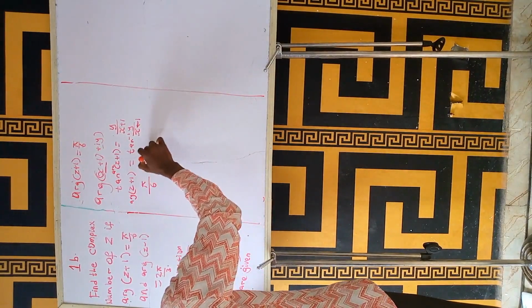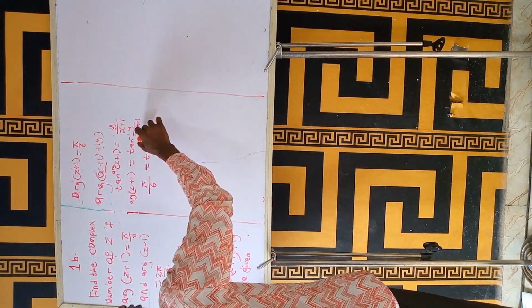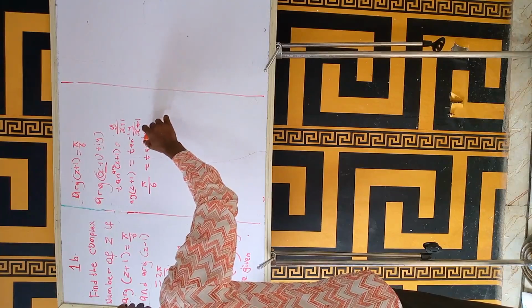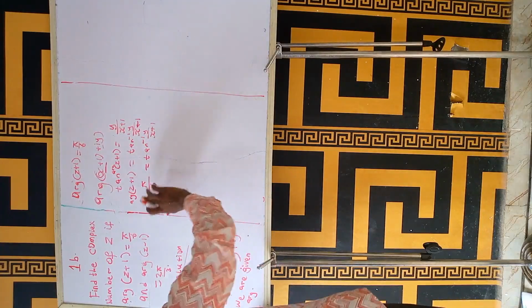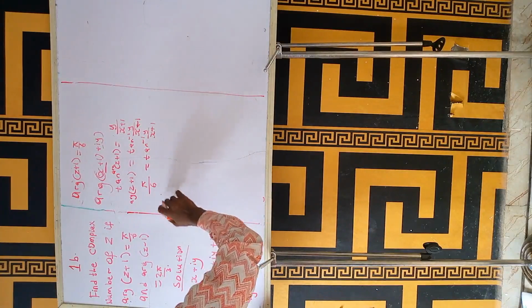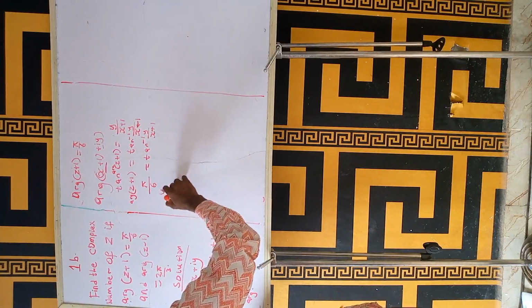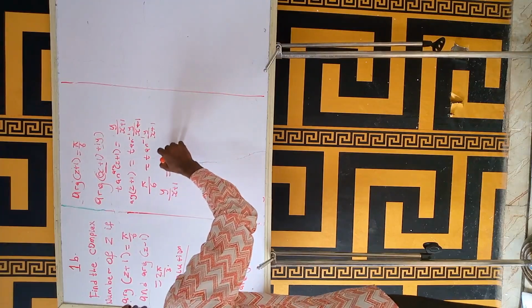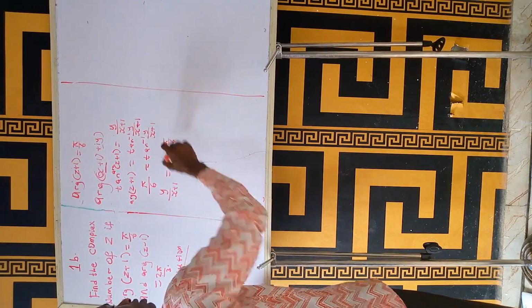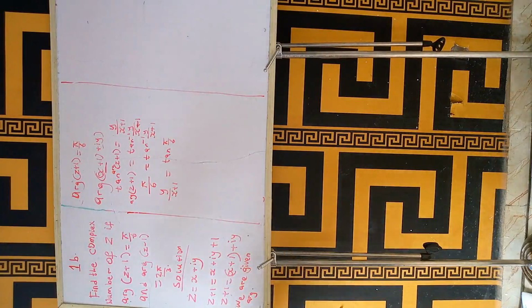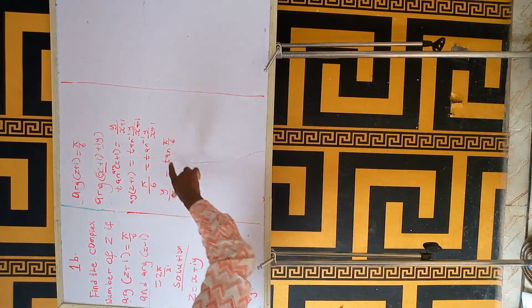And if the argument of Z plus 1 is pi over 6, that means tan inverse of y over x plus 1 will definitely equal pi over 6, so y over x plus 1 equals tan pi over 6, which is tan 30. Pi is 180 in degree form, so 180 divided by 6 is 30.